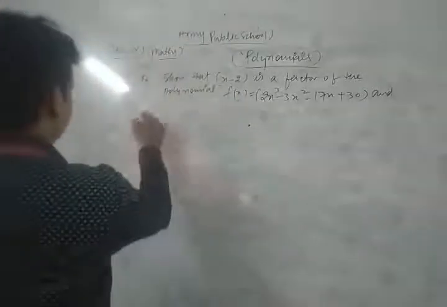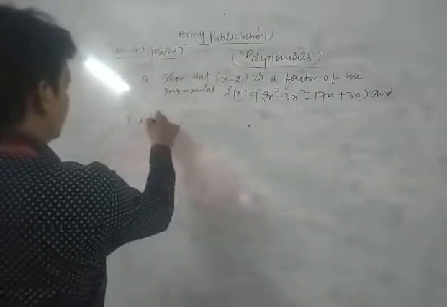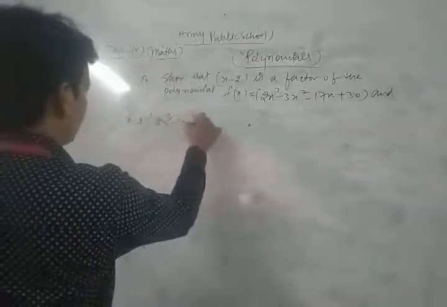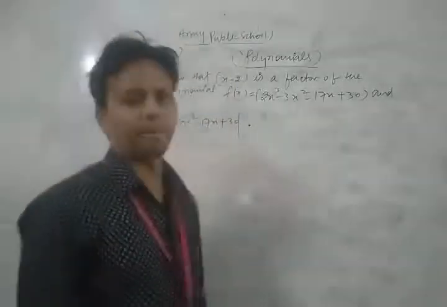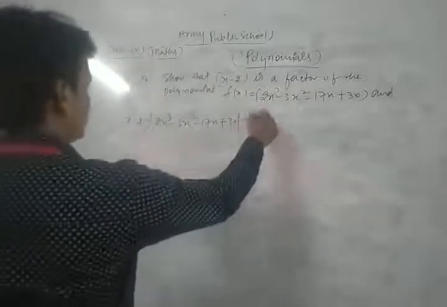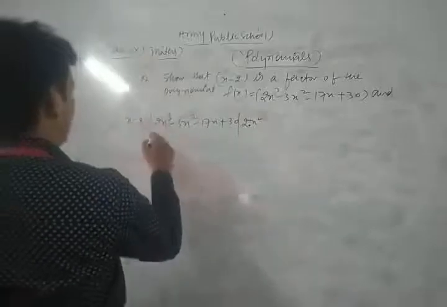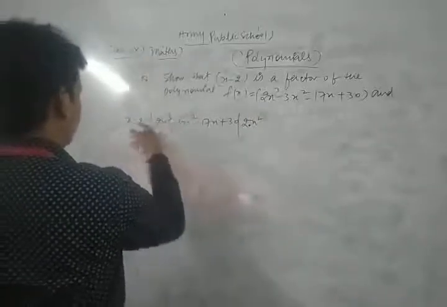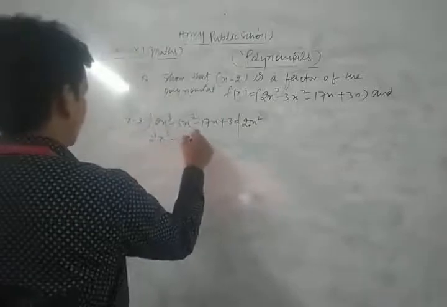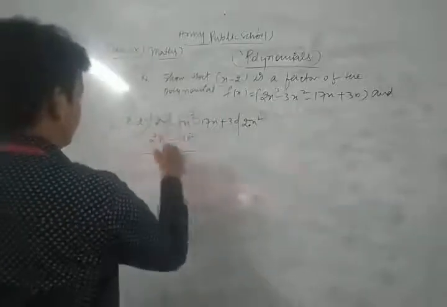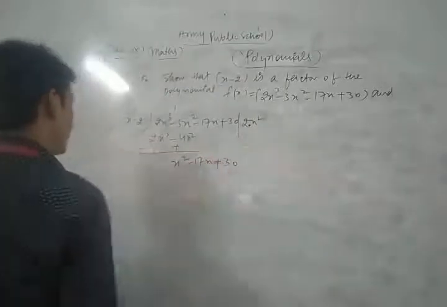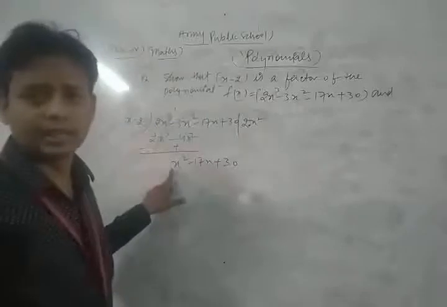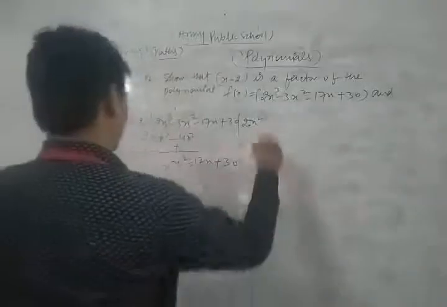Now on dividing 2x cube minus 3x square minus 17x plus 30 by x minus 2, we take 2x square times, this is 2x square plus 2x cube minus 4x square. Now minus plus cancel to each other, so this is plus x square minus 17x plus 30, right as it is.